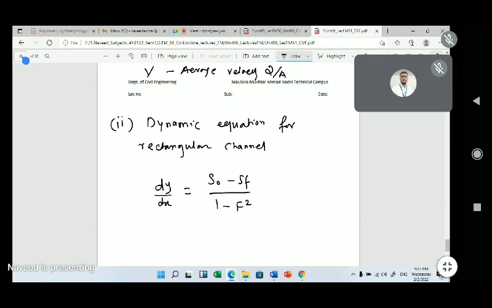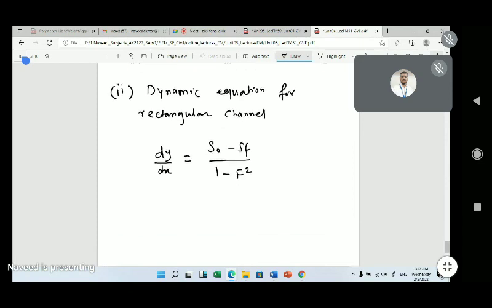Dynamic equation for rectangular channel: dy by dx is S0 minus SF upon 1 minus F square. Now we will see that F square is nothing but Q square T upon g A cubed.